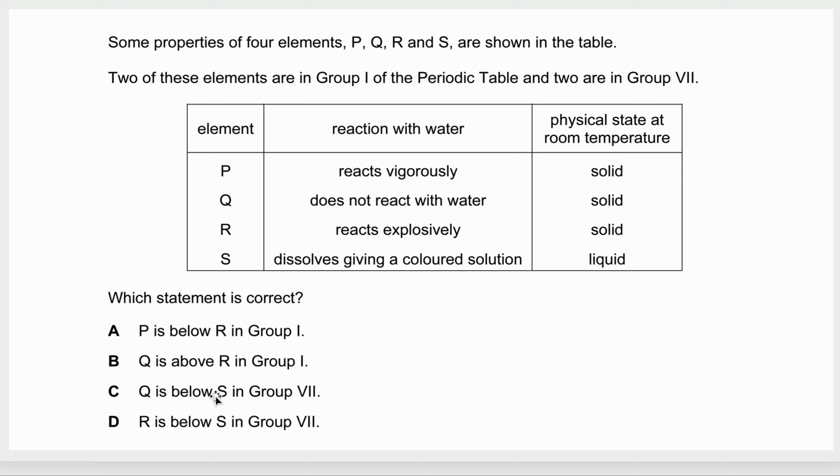Then Q is below S in the periodic table? That is very likely to happen because iodine is below bromine. Then R is below S in the periodic table, so in group number 7? We know that R is in group number 1, so it's not group number 7. So that's the answer for that.